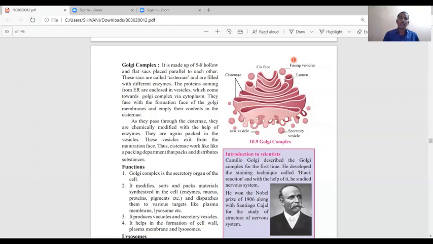Now all vesicles, filled with proteins, fuse with the formation phase of the Golgi membranes. This is the formation phase of a Golgi membrane.